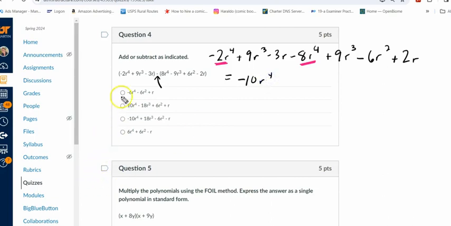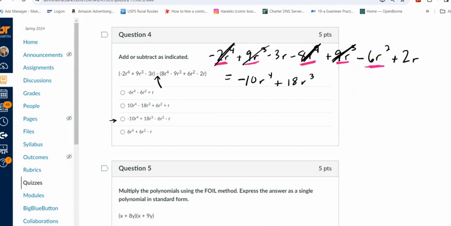And so already looking at these selections, that's the only one that it can be, because none of the others have a negative 10r to the fourth. But let's continue. Then my next power is r cubed. So 9r cubed plus 9r cubed is going to be 18r cubed. And then I need to find the r squared terms.